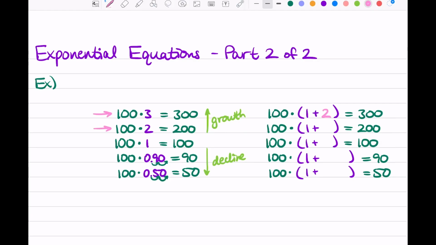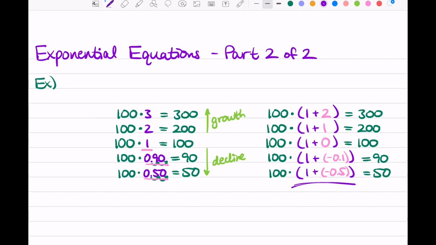Similarly, the next line, 100 times 2 is the same as 100 times 1 plus 1. In our next line, our purple 1 becomes 1 plus 0. Our next line, 0.90 becomes 1 plus negative 0.1. And then 0.5 becomes 1 plus negative 0.5.